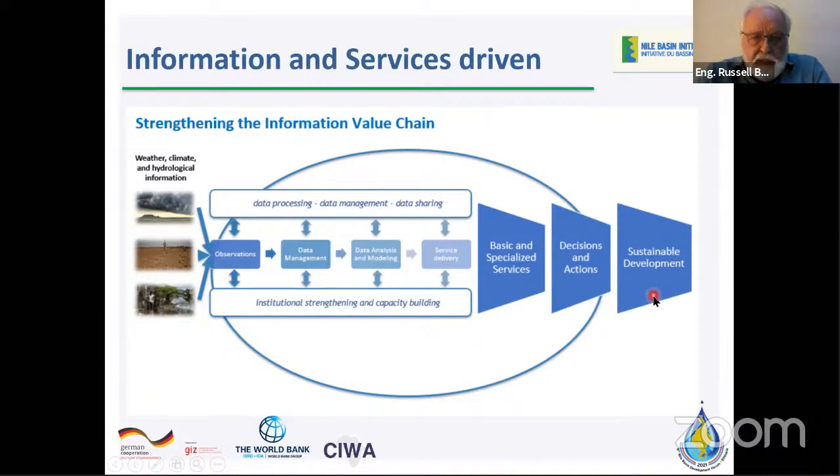And you can see the similar approach in this information value chain, except this diagram looks at it from a more technology perspective, but it still has the features of decisions and impact. It still has the features of knowledge and information, and it still has the features of data.